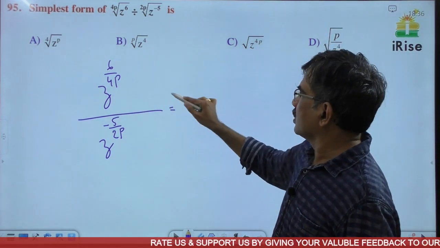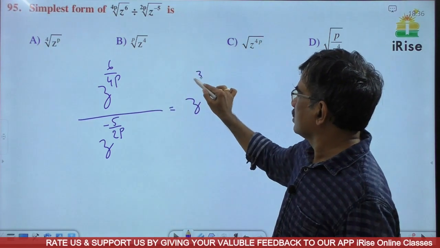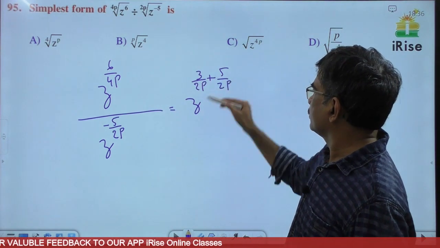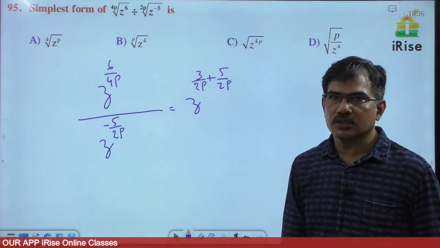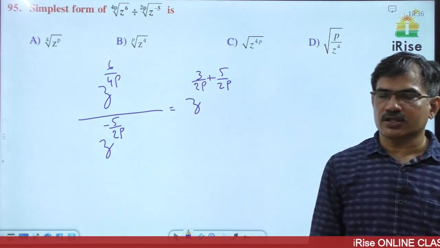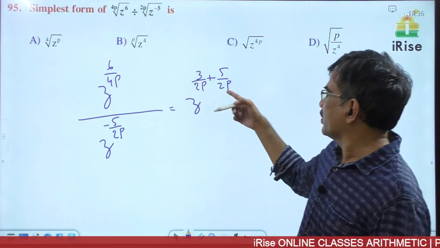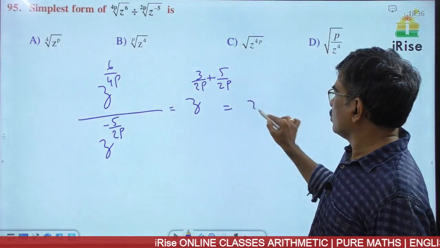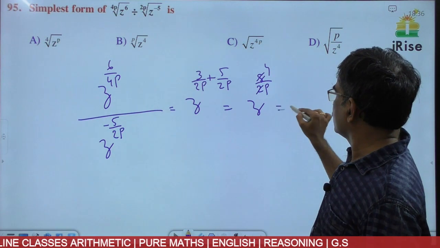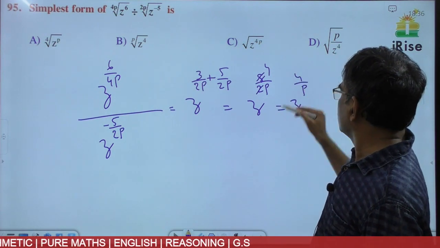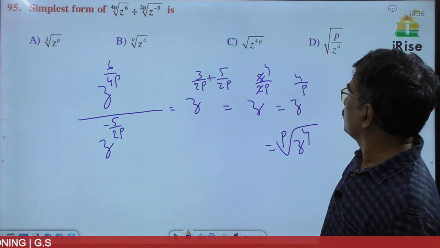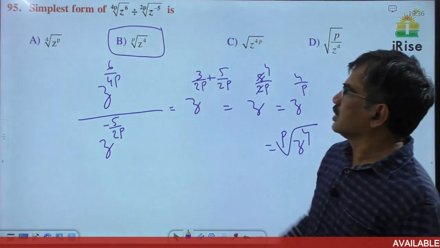This is z power 3 by 2p plus 5 by 2p. Okay, a power m by a power n is equal to a power m minus n. If this is transferred, it becomes 8 by 2p, which is equal to z power 8 by 2p, 2 1s 2 4s cancel, is equal to z power 4 by p, which is equal to pth root of z power 4. This is the answer. Pth root of z power 4.